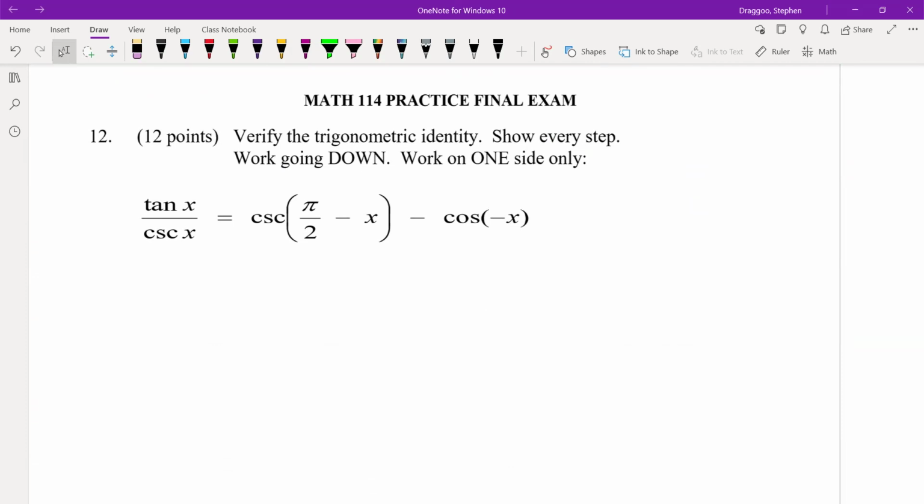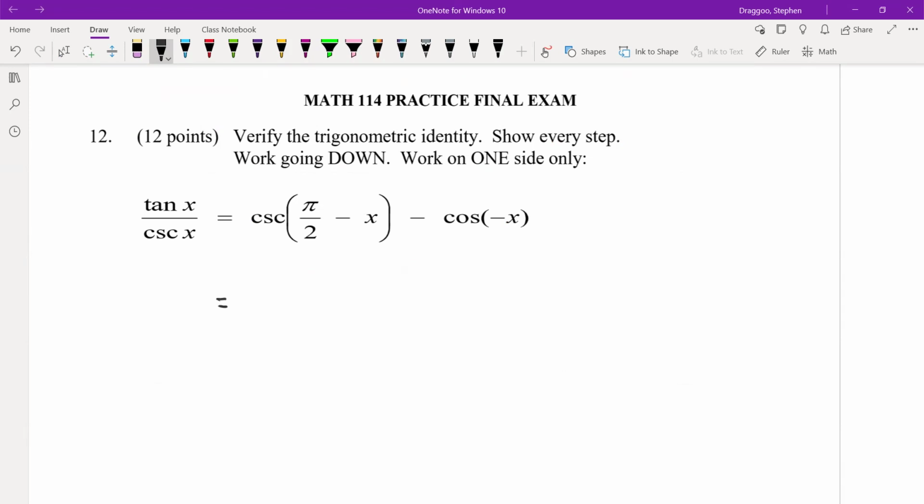I want to solve this thing. I'm going to work just on one side, and I'm going to work going down because it's a lot easier to do all those steps. So I want to work on the more complicated side, which to my mind is the right side. A bit more going on over there. So I want to start on the right side of the equation.